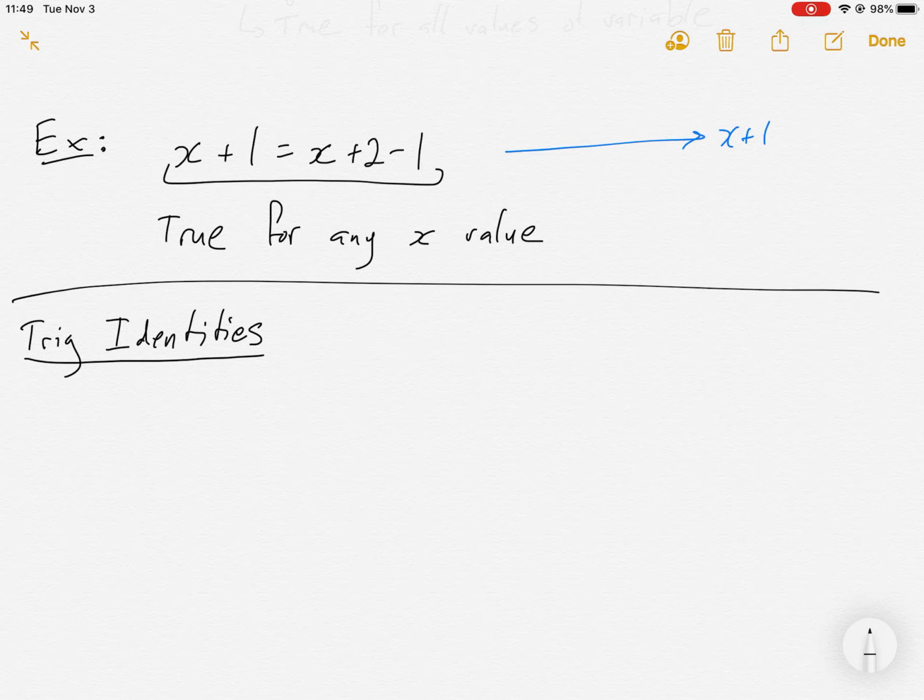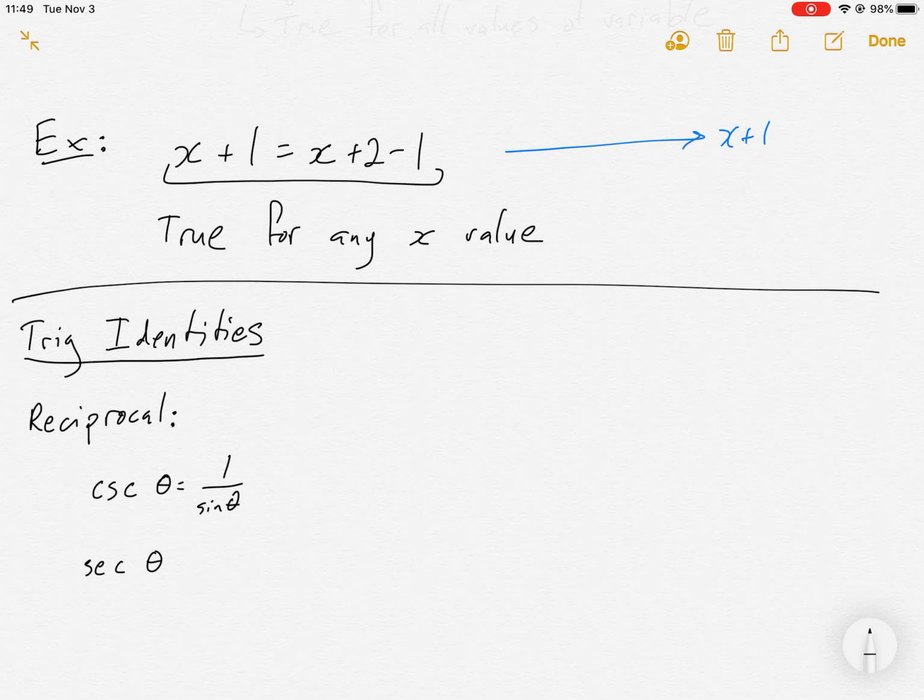So the first ones are ones you've actually seen before. I often don't even write these on formula sheets. They're called the reciprocal identities. And so if I said cosecant of theta, that's 1 over sine of theta.